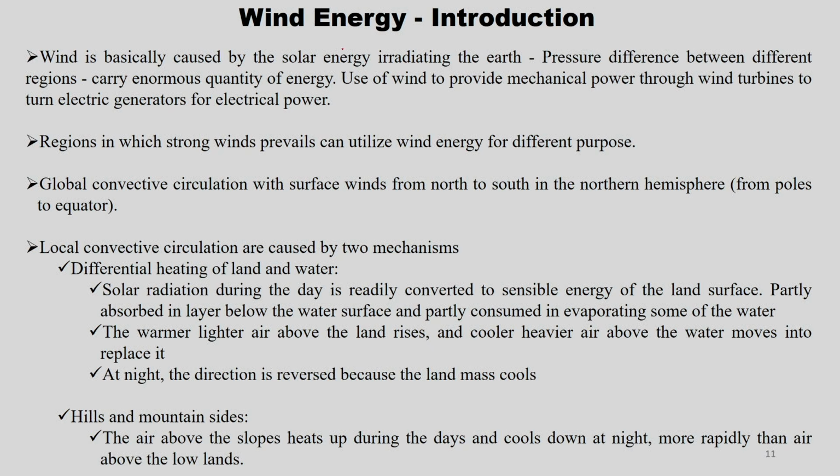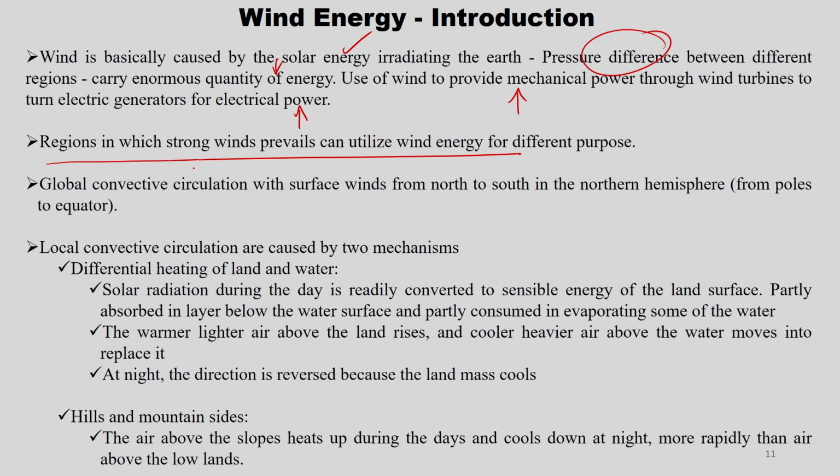So, wind is basically caused by the solar energy irradiating the earth. So, the main reason is pressure difference between different regions. Wind carries enormous quantity of energy. So, this wind is used to provide mechanical power through wind turbines to turn electrical generators for electrical power. So, the regions in which strong wind prevails can utilize the wind energy for different purposes.